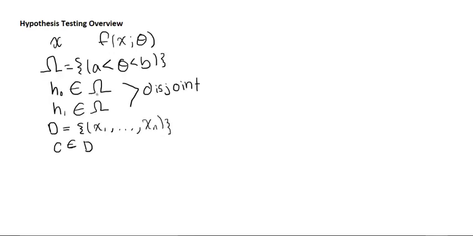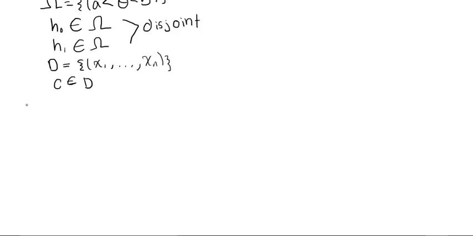Which brings us to defining what our hypotheses are. So there's two hypotheses. They're typically denoted as h naught and ha, or h1. h naught is referred to as the null hypothesis. ha or h1 is referred to as the alternative, or as the research hypothesis.